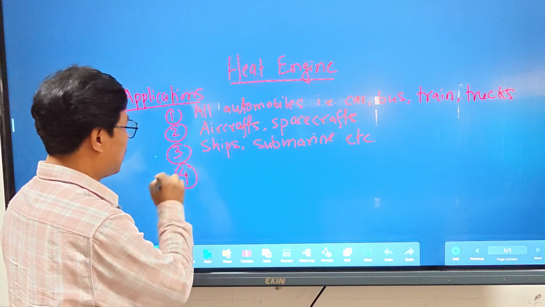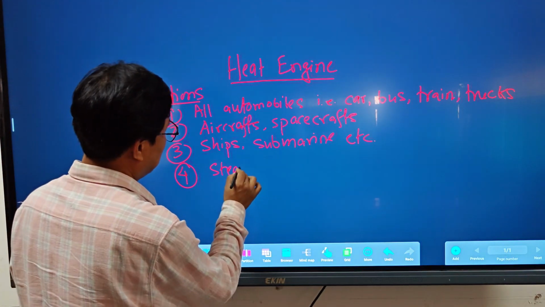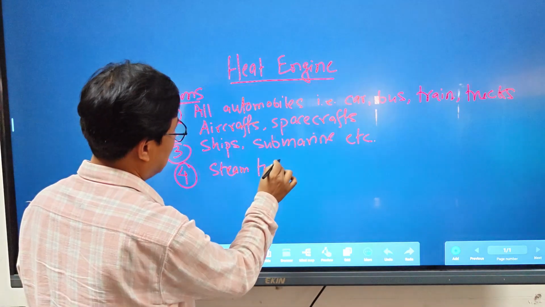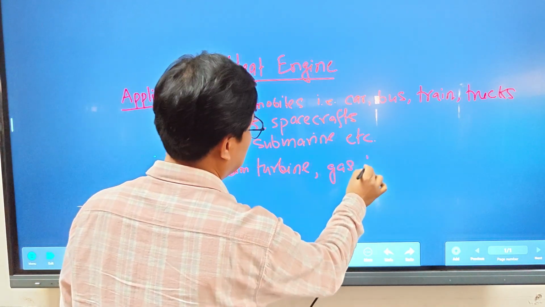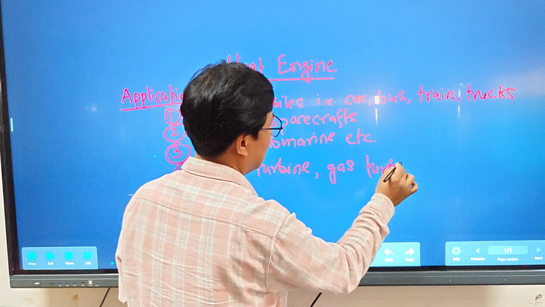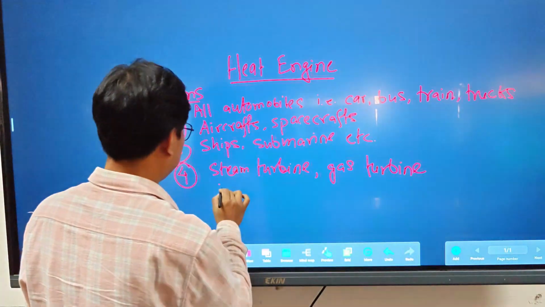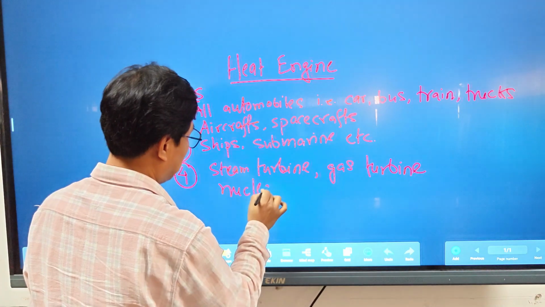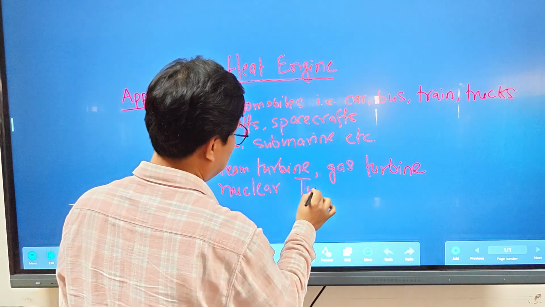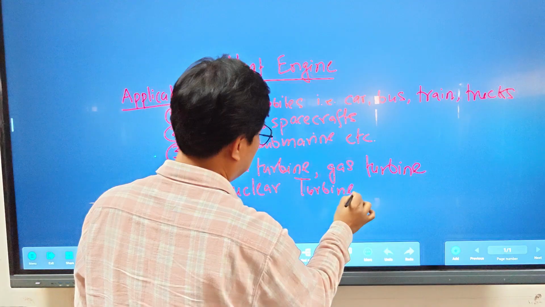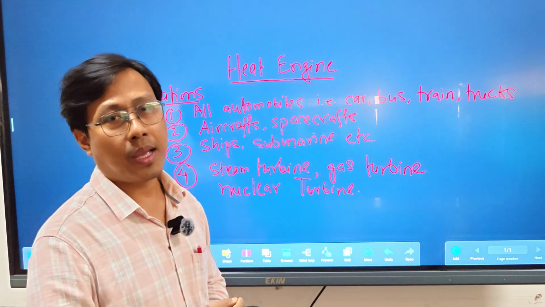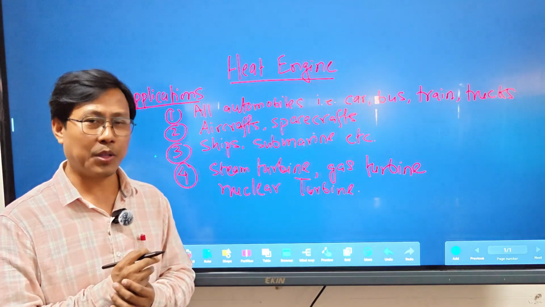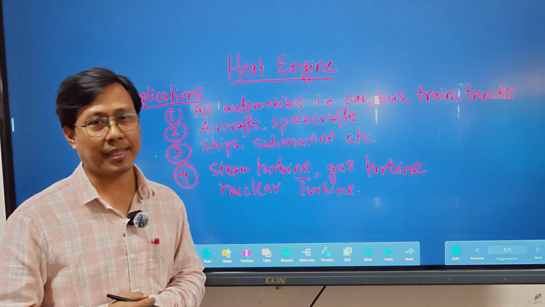We can have steam turbine, gas turbine, nuclear turbine. That means in most of the power plants, heat engines are used to produce the electricity.